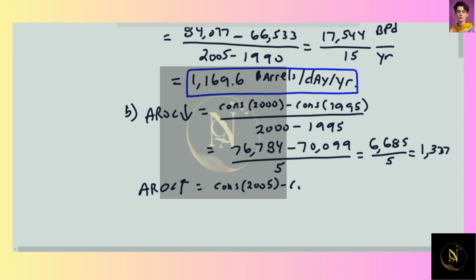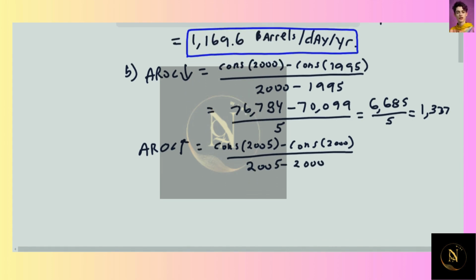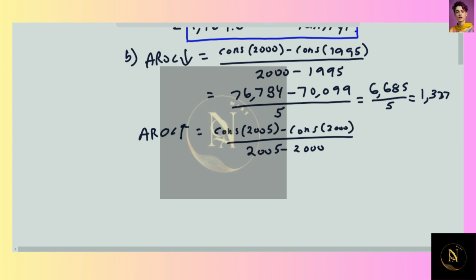And then the average rate of change going up the table now will be the consumption in 2005 minus the consumption in 2000 divided by 2005 minus 2000. Okay, so that is, well, the consumption in 2005 is 84,077 minus the consumption in 2000, 76,784 over 5 years, right?